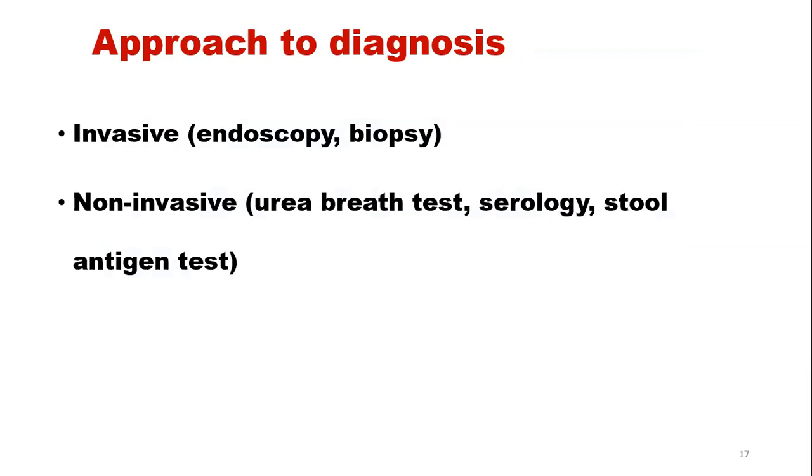So how do you make a diagnosis? The patient, of course, must have presented with symptoms and signs of peptic ulcer disease, okay? So you can have the invasive and the non-invasive approach to diagnosis.